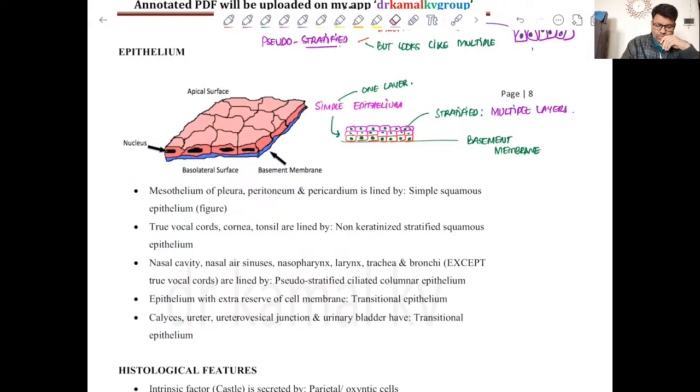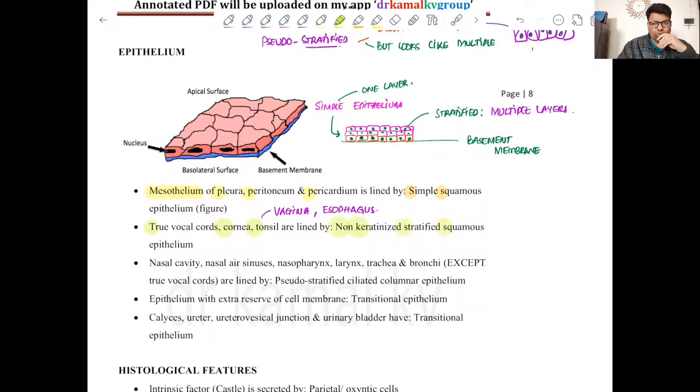So the mesothelium of pleura, peritoneum, pericardium, all are simple squamous. The shape of cell is squamous. Then true vocal cords, cornea, tonsil, vagina, esophagus, these all areas are lined by non-keratinized stratified squamous.